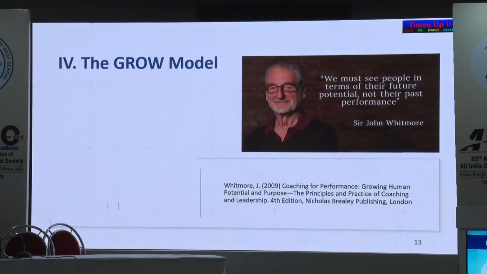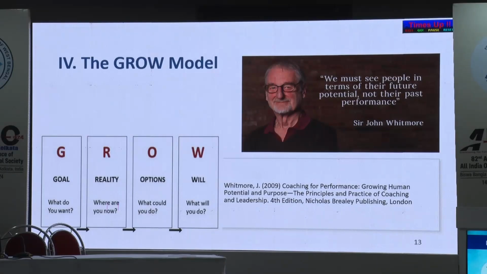An example. And this is the GROW model. This is something that came from someone who was in the world of business, then went for the racing cars. But see what he says. We must see people in terms of their future potential. And this is something that as mentors, as coaches, as educators, as teachers, we should see in those whom we would like to help improve.